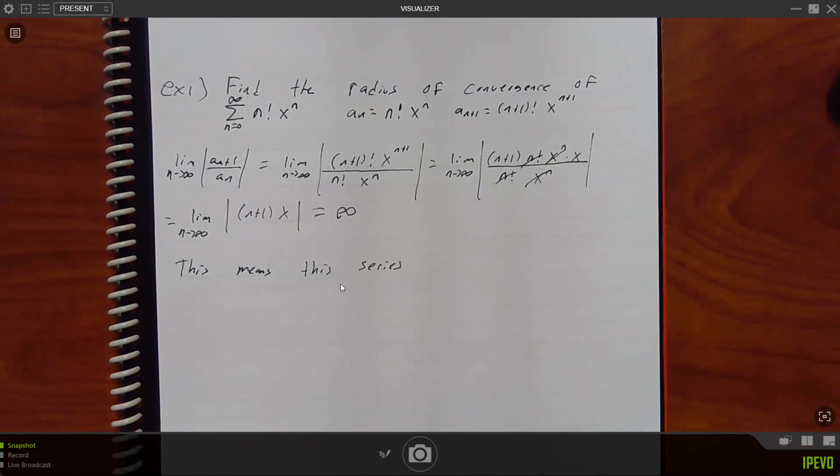Let me check my book on this. I feel like it should diverge, except when x is 0.